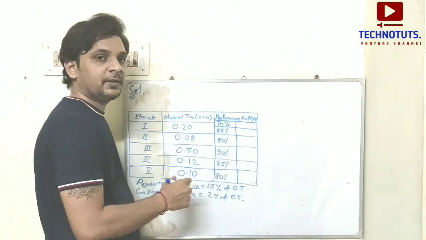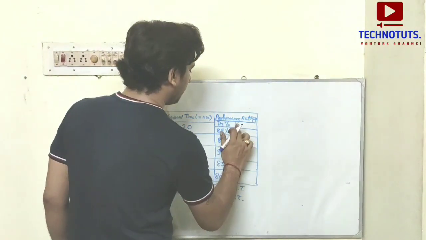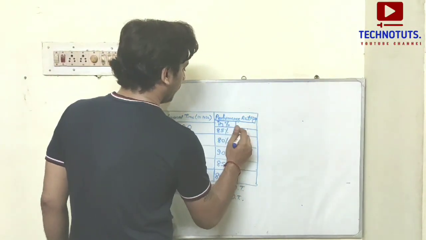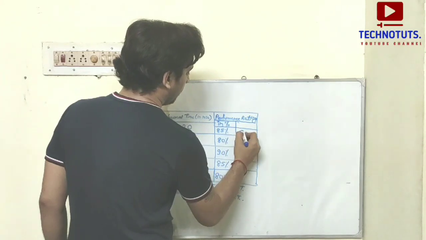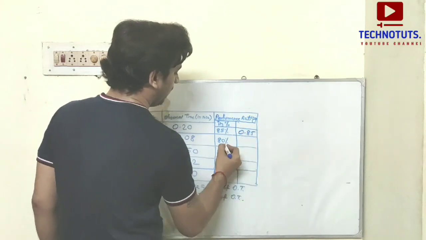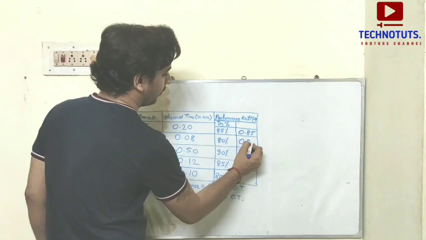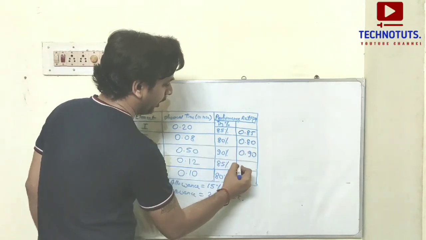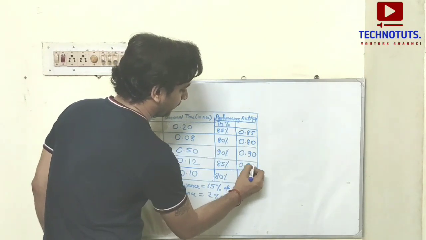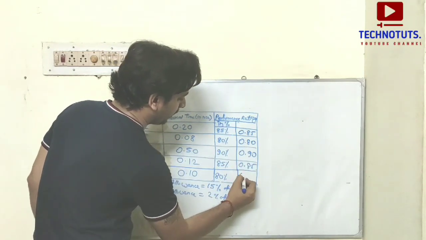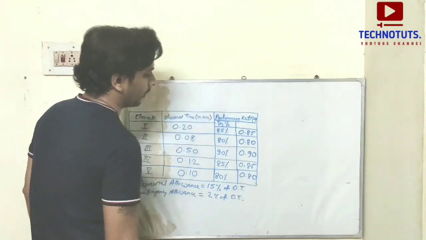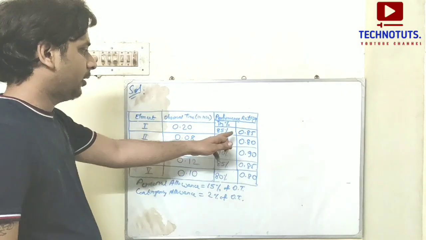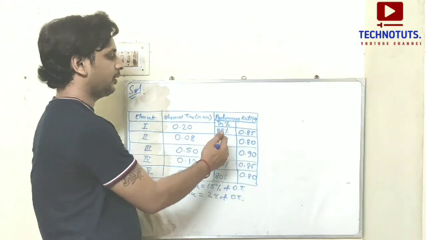So 85% means 85 divided by 100, that means 0.85. 80% means 0.80. 90% means 0.90. Now we have obtained the performance rating in decimal format.